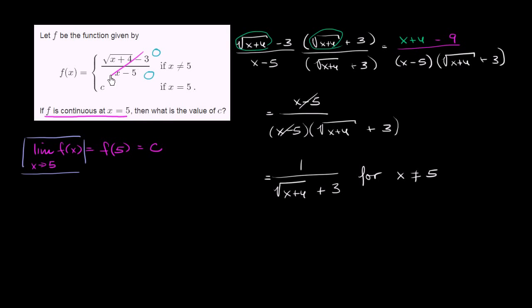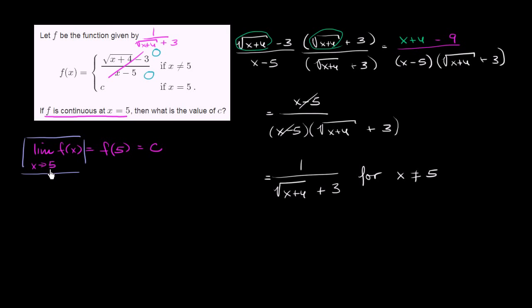So we could actually replace this with a simpler expression, 1 over the square root of x plus 4 plus 3. And so now when we take the limit as x approaches 5, we're going to get x values closer and closer to 5, but not quite at 5. We can use this expression right over here.